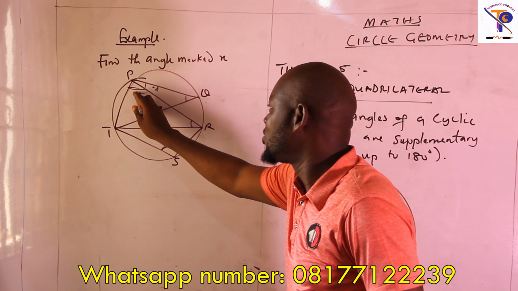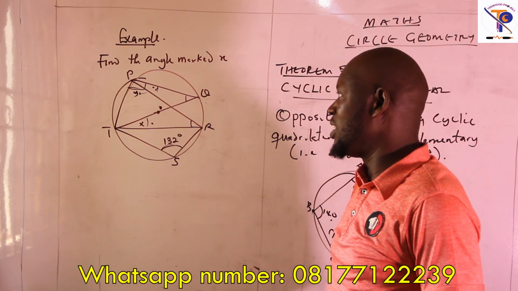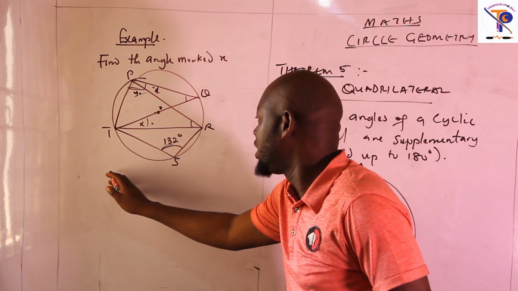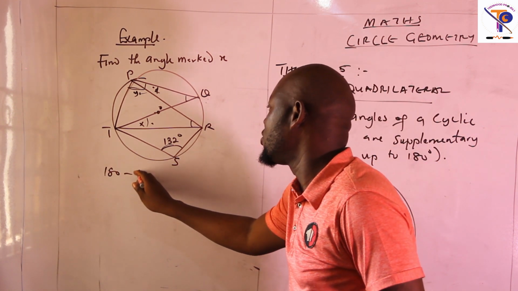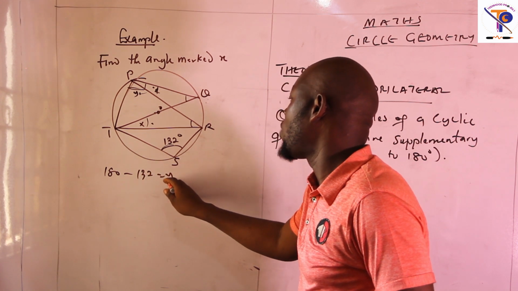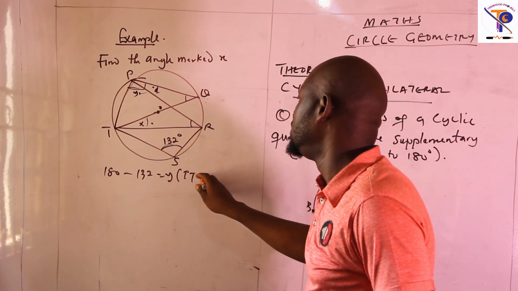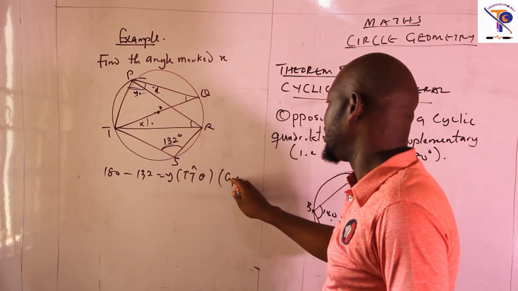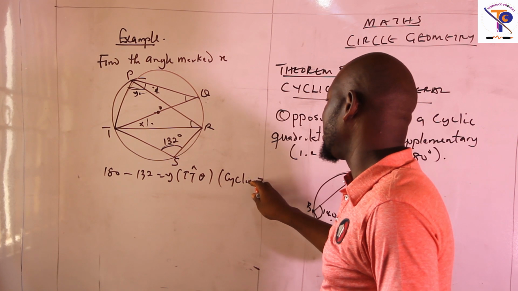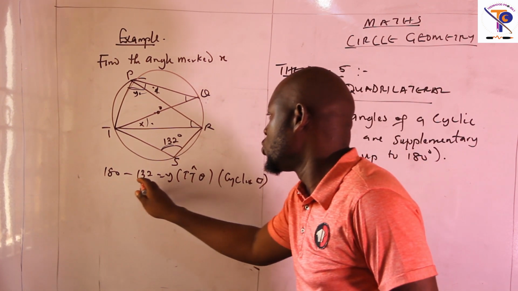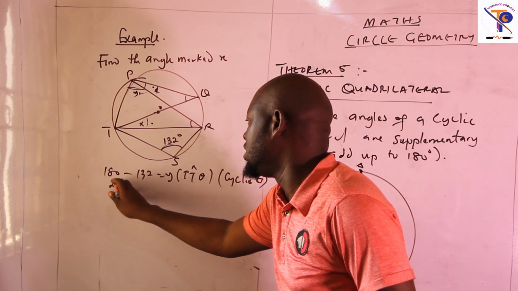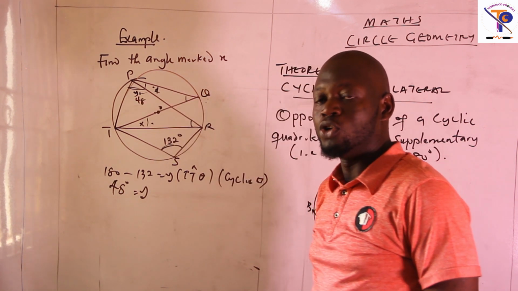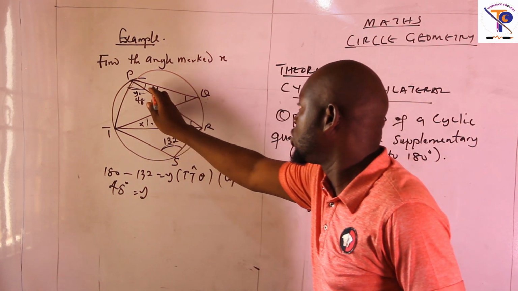Here, this angle, let me call this one y, as the case may be. This is also x. So I will say 180 minus 132 is equal to y, or you call it TPQ. Why? What is your reason? Cyclic quadrilateral, then you're fine from there. So if you subtract this one from here, you have 48 degrees is equal to y. So this one is 48 degrees. So God so good, we have this one to be 90 degrees.